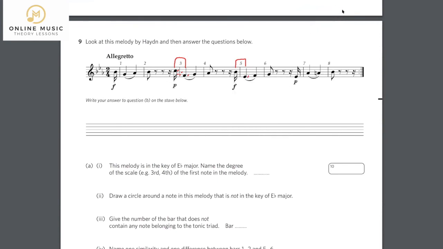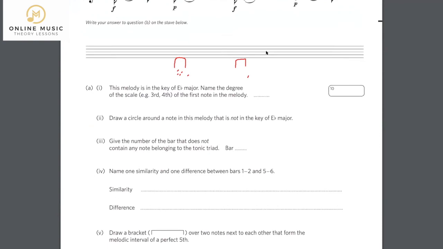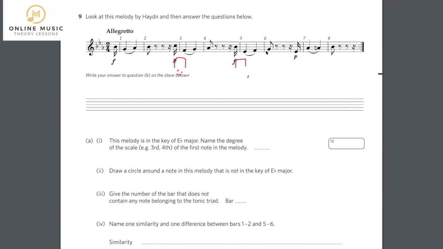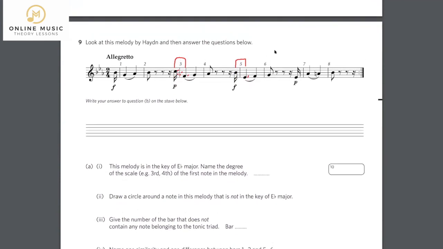E, F, G, A, and B. So that would definitely be a fifth as well. But it does only ask for one. Yeah, only draw one bracket. Okay, so you got a choice there of bar 3 or bar 5.